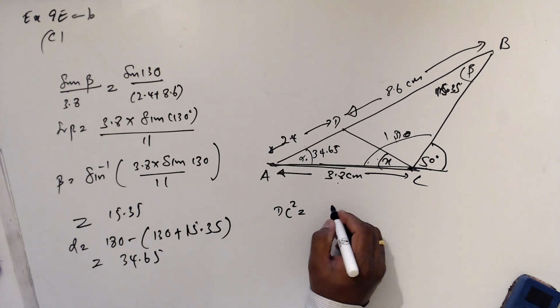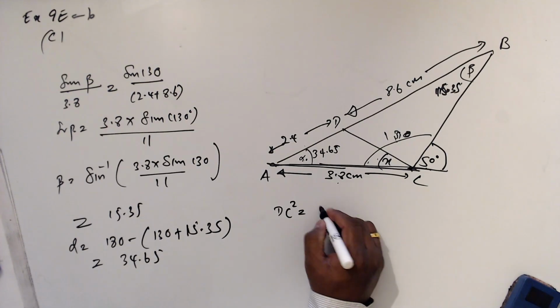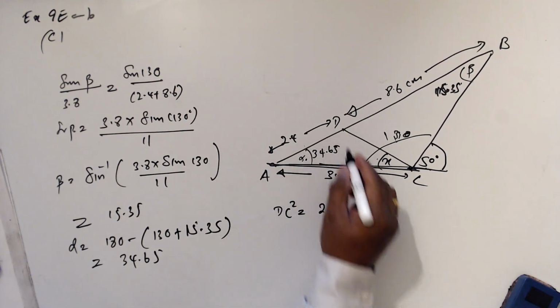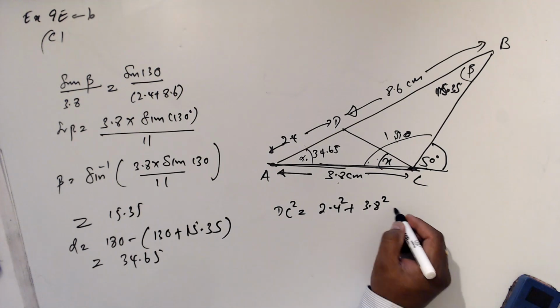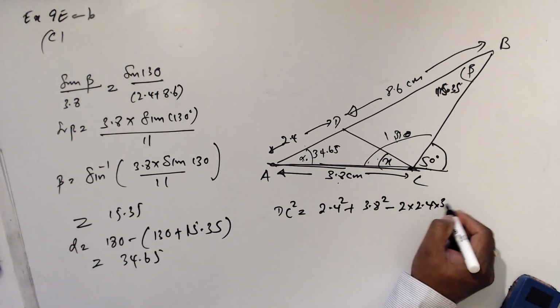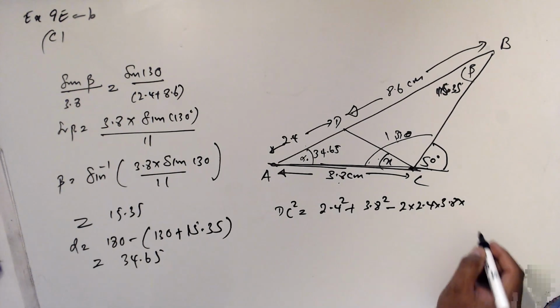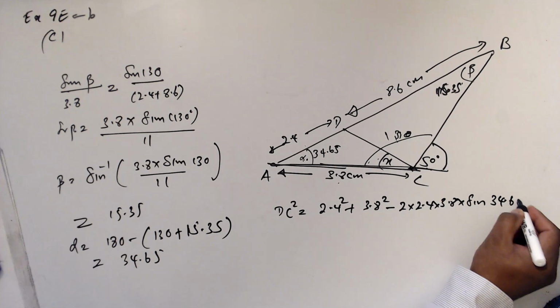Then I'm going to find DC length. DC square equals 2.4 square plus 3.8 square minus 2 times 2.4 times 3.8 cos 34.65.